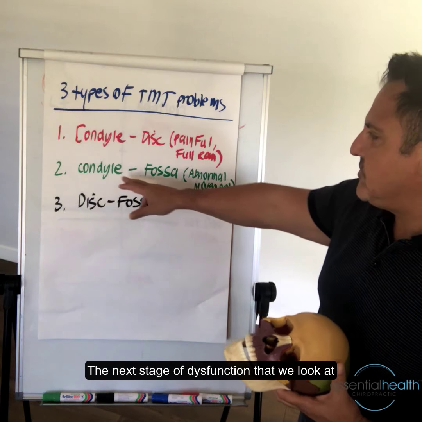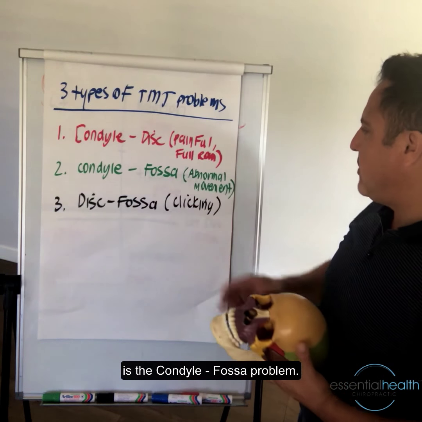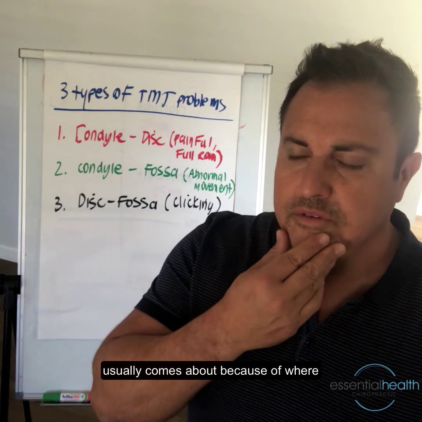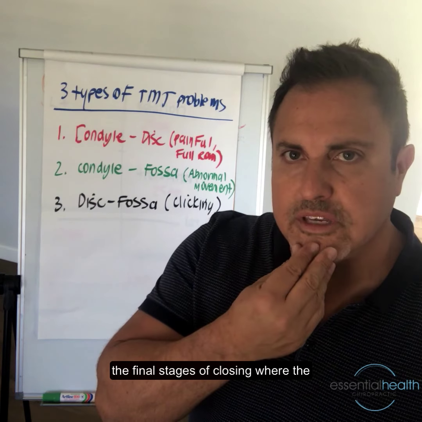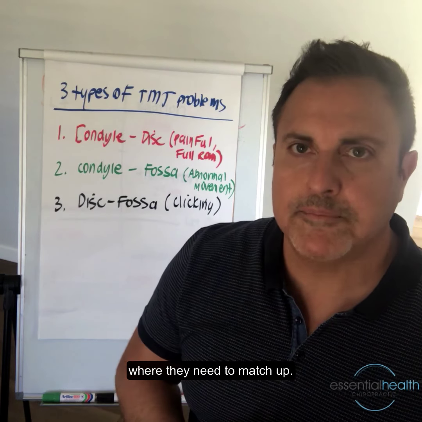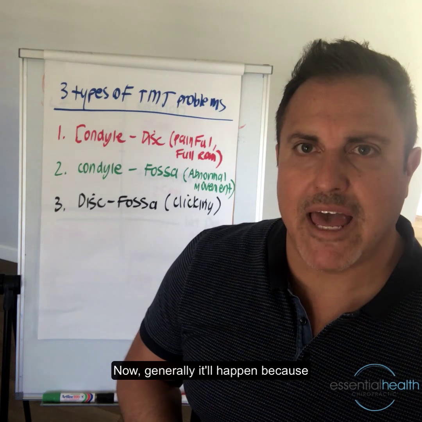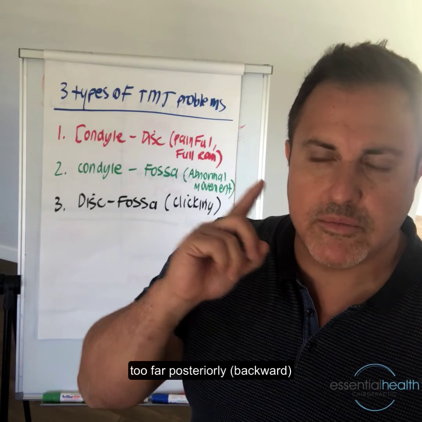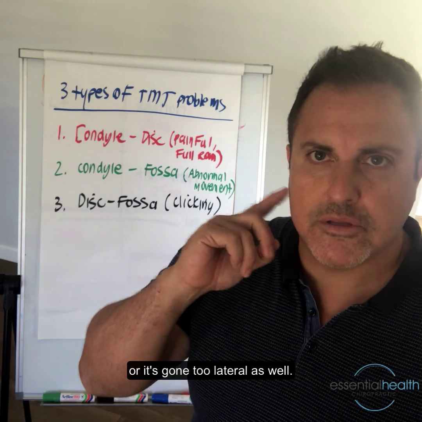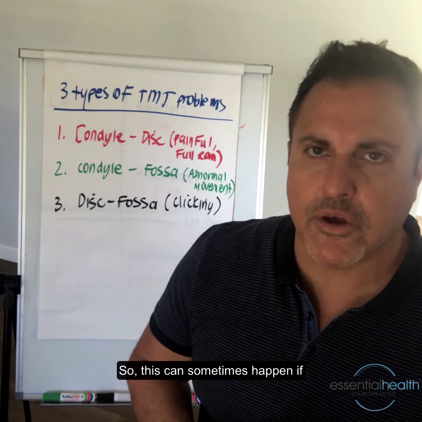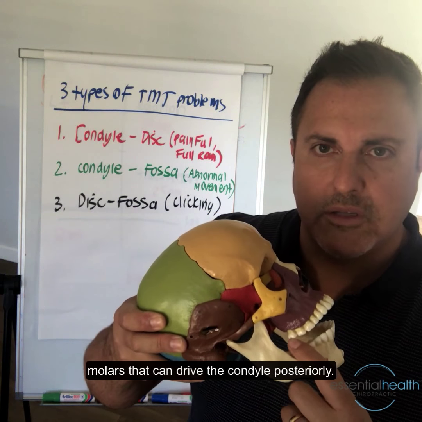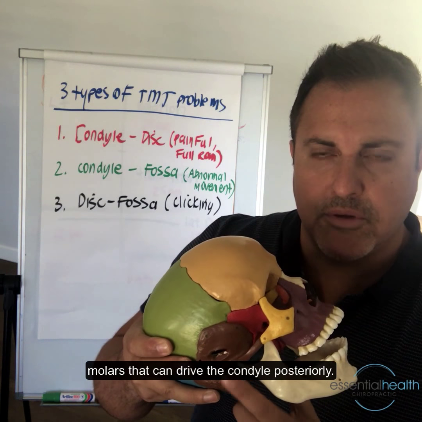The next stage of dysfunction that we look at is the condyle to fossa problem. This usually comes about because of the final stages of closing, where the jaw and the teeth start to look at where they need to match up. Generally, it happens because of a condyle that has moved too far posteriorly, backward, or gone too lateral. This can sometimes happen if we lose the vertical height of the molars, which can drive the condyle posteriorly.